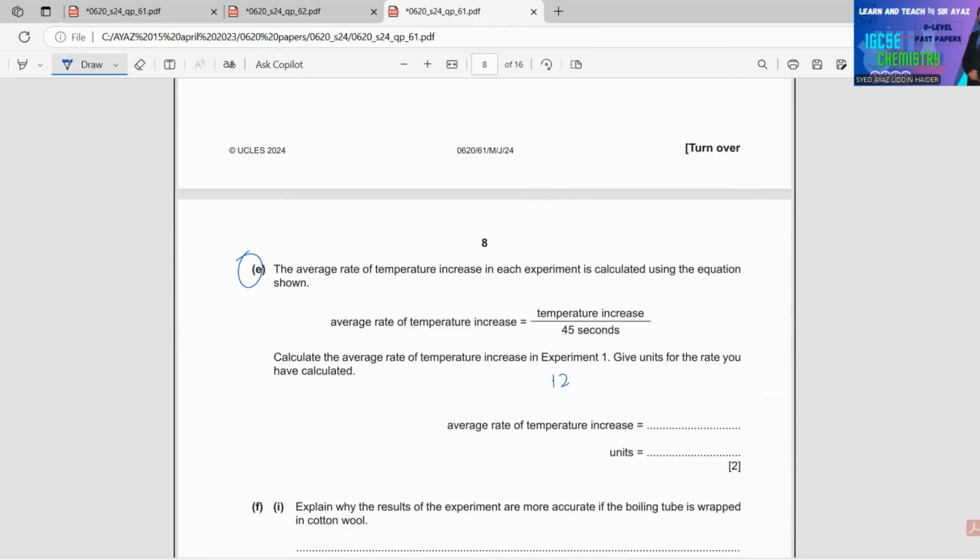So I will write 12 by 45. So what you will get? 12 divided by 45, 0.266. And the units must be centigrade per second.